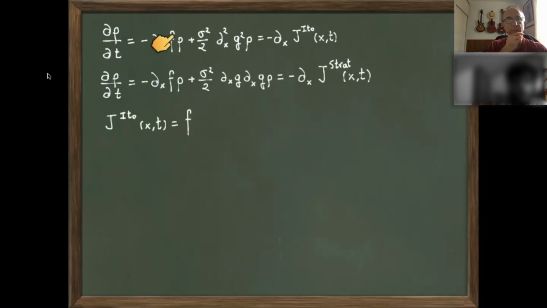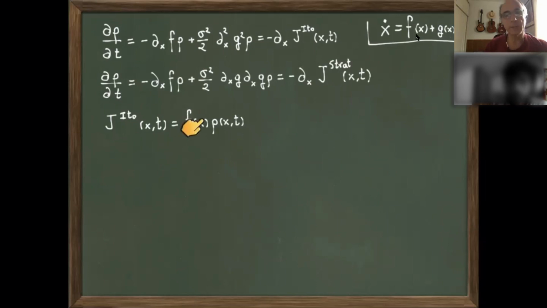The Ito current, well, you can see it from here. The Ito current is going to be plus F rho. Let me rewrite the equation here, because this term of the current has a very nice interpretation. This is really a current of probability. And why is it F rho?